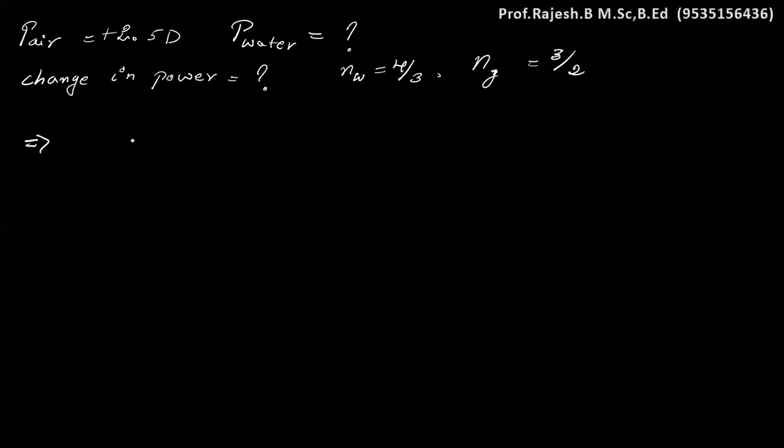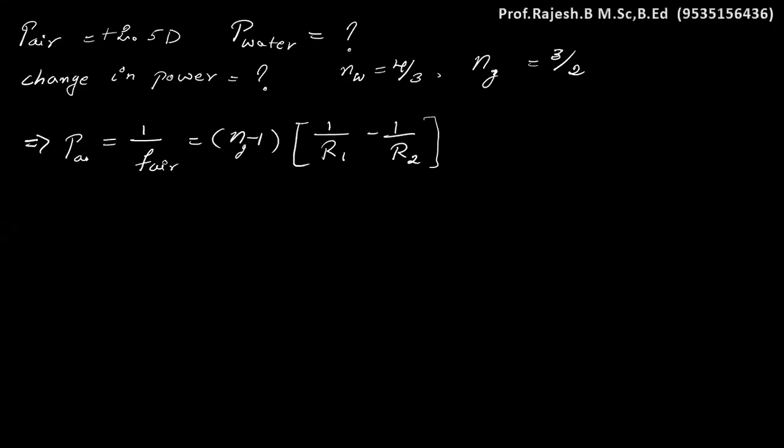So we know that 1 by f is equal to n minus 1 into 1 by r1 minus 1 by r2. This is the lens maker's formula. Apply this when it is in air. When it is in air, it's only the glass medium, right? So n_g you can take, and 1 by f is nothing but the power, so we can write it as power in air.